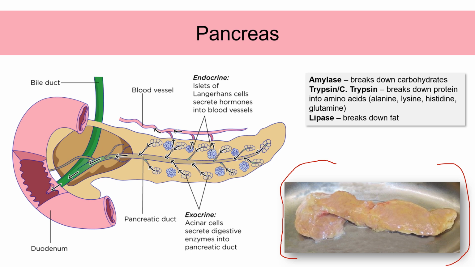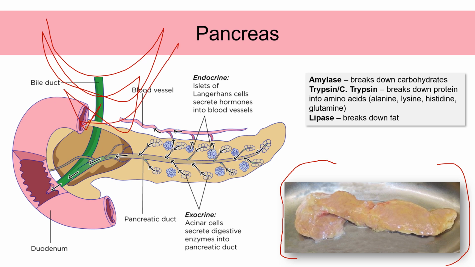The endocrine part is the release of hormones, so insulin is one of them. And then the exocrine is the secretion of digestive enzymes. Right now we're focusing on the digestive part, so the enzymes. Here is our picture of the pancreas. This is our duodenum. Our stomach would be up here, connecting to our duodenum. Our food comes down the intestine here, and then there's this little duct.